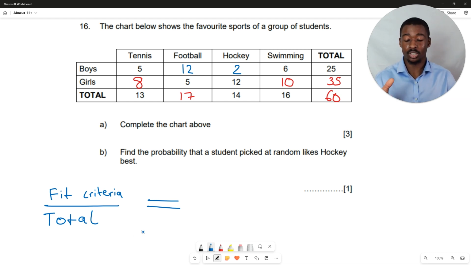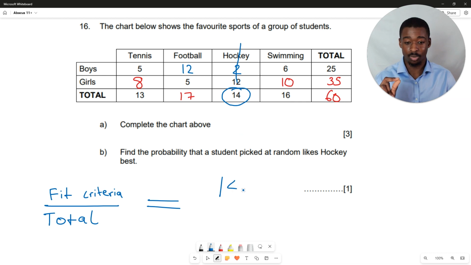How many of these students fit our criteria? What is our criteria? Our criteria, our rules are that the student must like hockey best. Girl or boy, they must like hockey best. So here, there are 14 students that fit our rules, that fit our criteria.